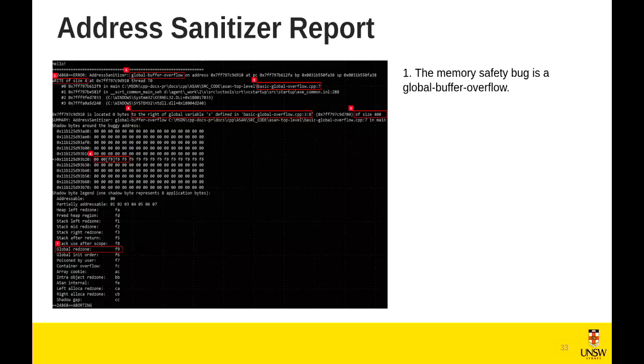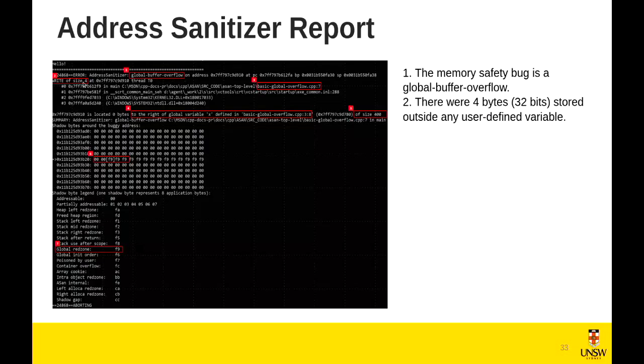You don't need to know all of them, but just some key points. The first one is that it helps us check the type of error. In this report, we can see that this bug is a global buffer overflow bug.